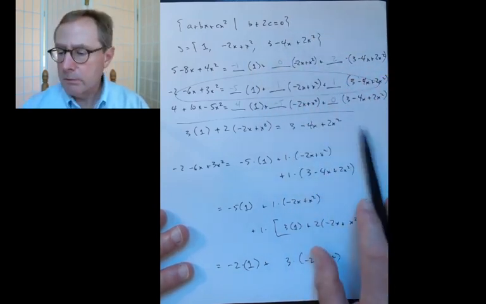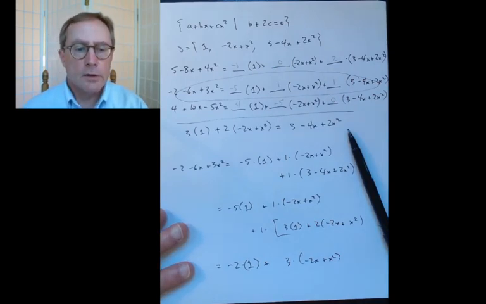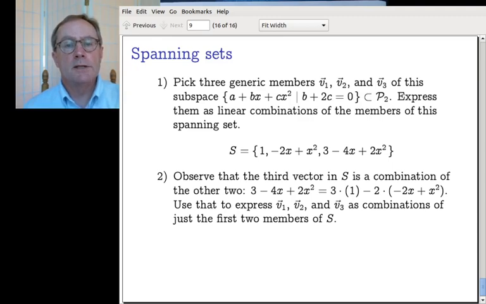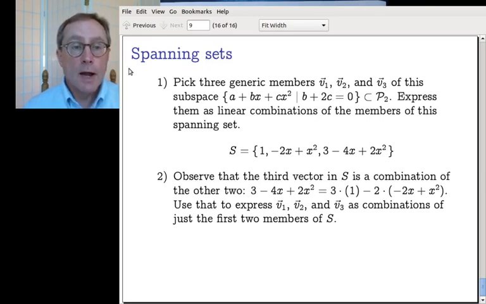Okay, so the check-in is some practice with spanning sets and is making a point about parameterization and about how you can express a vector space, subspace, or any vector space at all using the members of the spanning set.